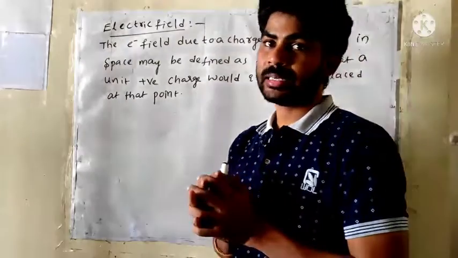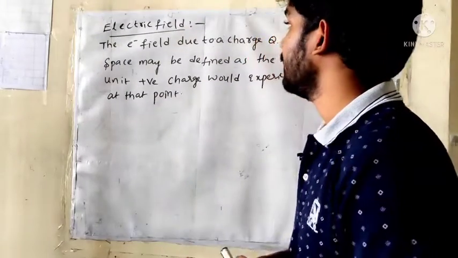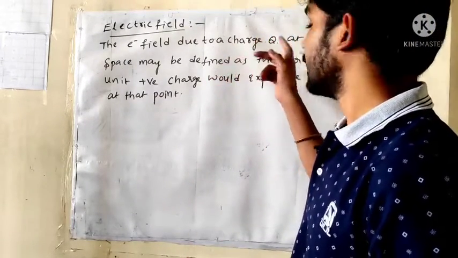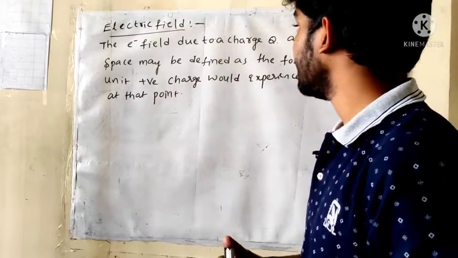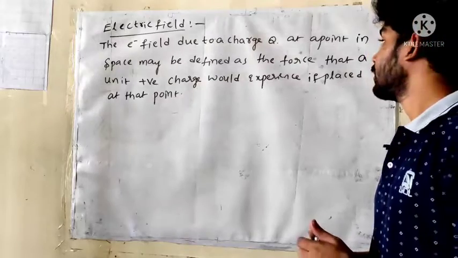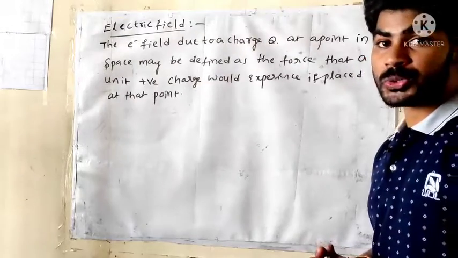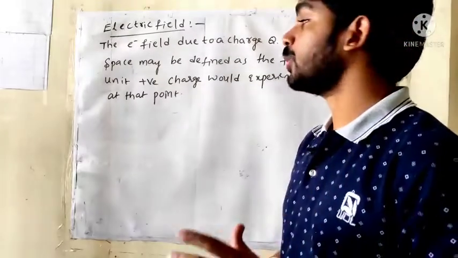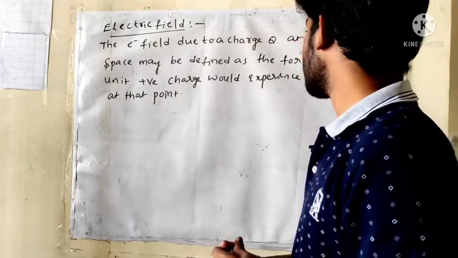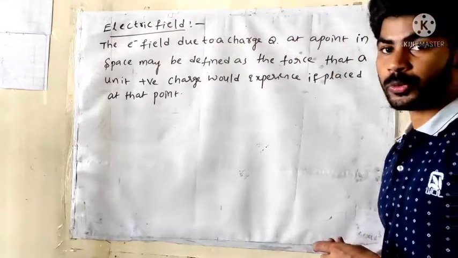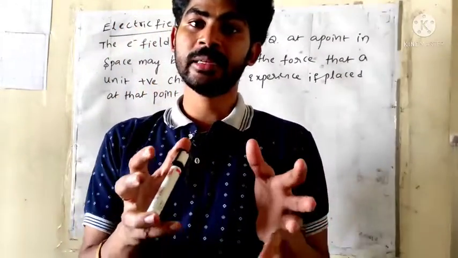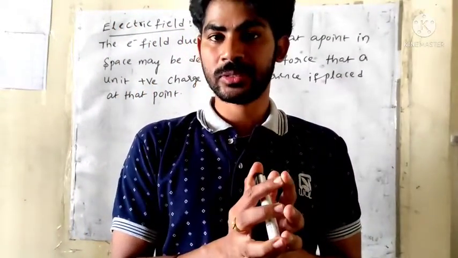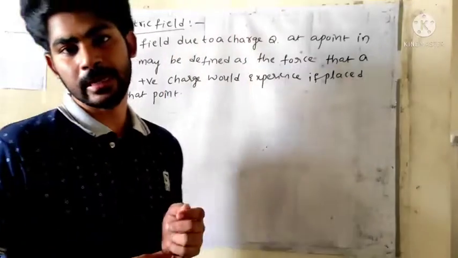The electric field due to a charge q at a point in space may be defined as the force that a unit positive charge would experience if placed at that point.